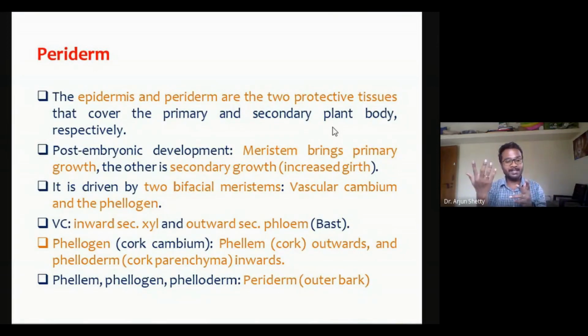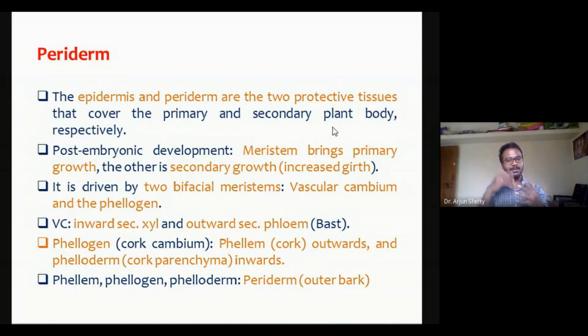When the plant begins secondary growth, forming the vascular cambium and cork cambium, the periderm forms and acts as the outer protective layer. So during primary growth we see the epidermis, and during secondary growth the periderm protects the internal parts of the plant body respectively.